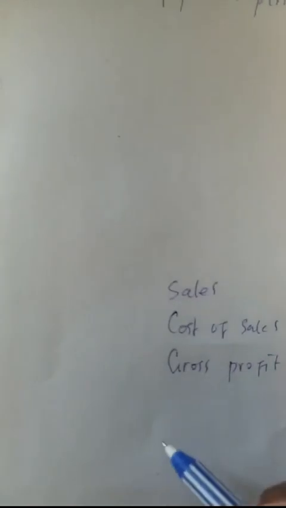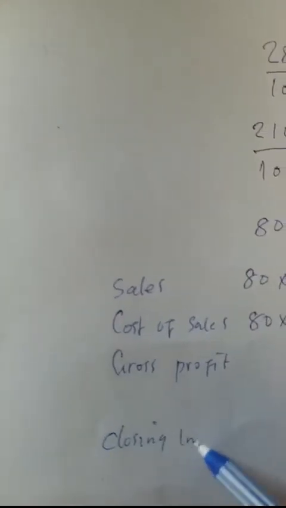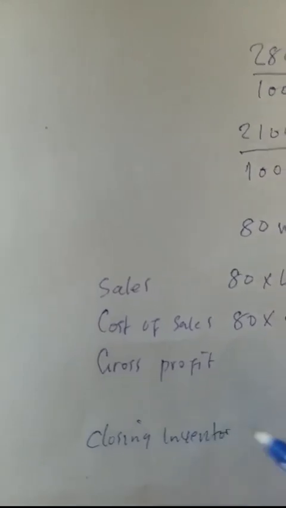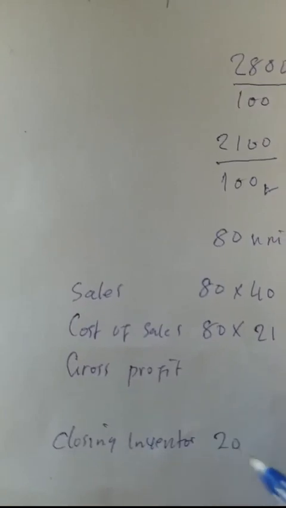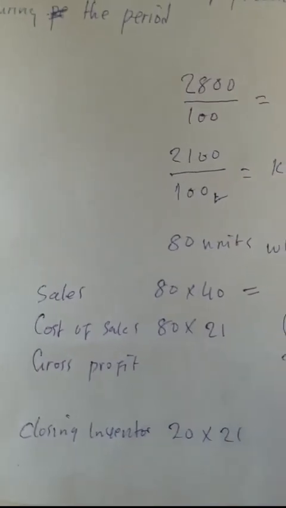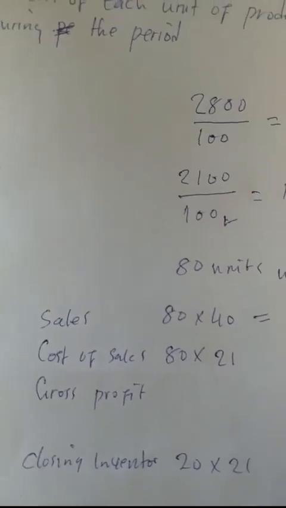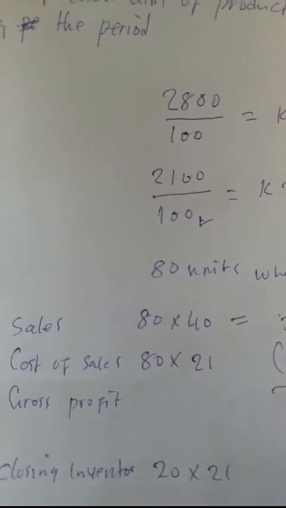And then your closing inventory, the unsold units. How many remained? You remained with 20 units multiplied by 21, the cost per unit of production, which will give you 420 kwacha. This is the value of closing inventory.